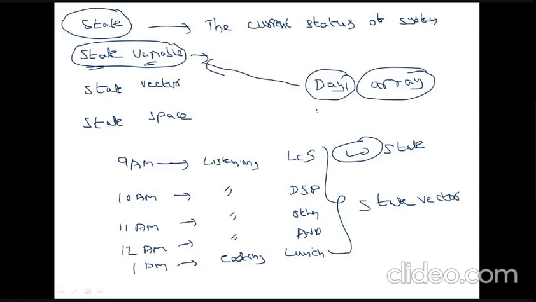Similarly, you are having a number of days, day 2, day 3, day 4. So the group of these states is known as a state variable.